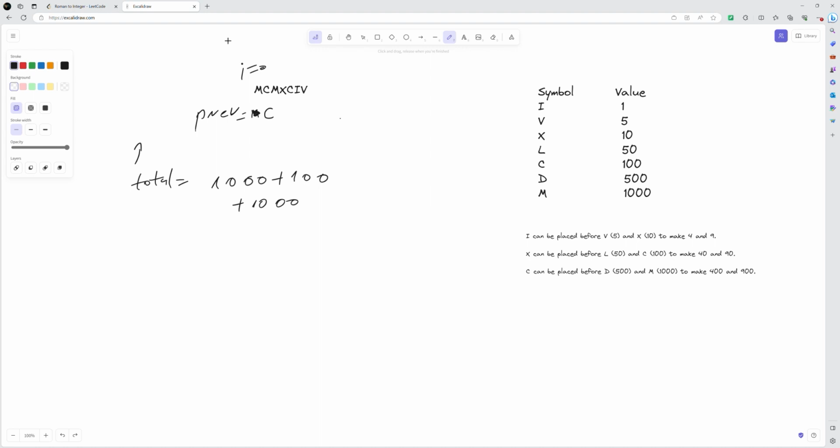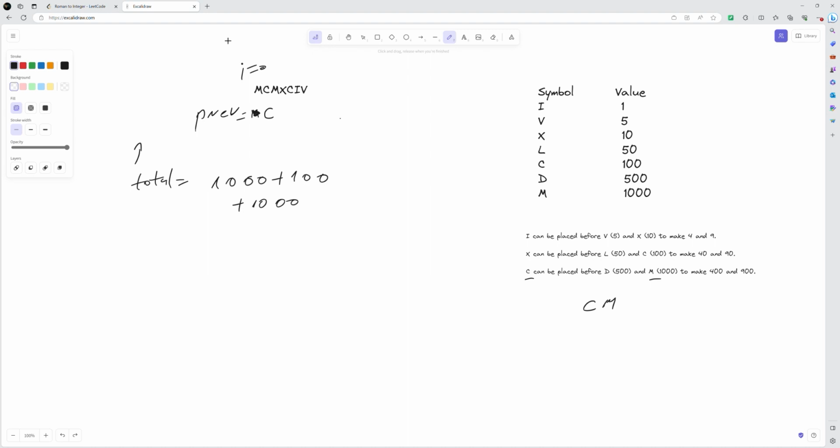But we also know that the previous character was C. So in each iteration, we will have a check that sees if the previous character and the current character form a valid subtraction given to us by these rules. So we have a previous character C and a current character M. So we have a CM combination, which is a valid subtraction.